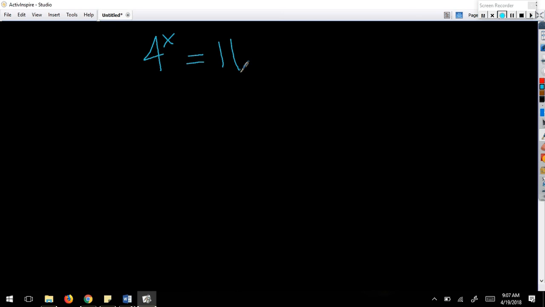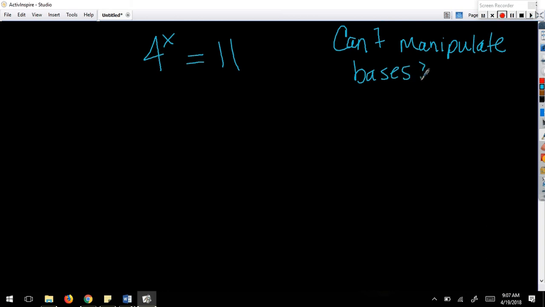Any ideas? Wait. Can't manipulate. So you don't do anything. Good try. What I'm gonna do is isolate my exponential piece.